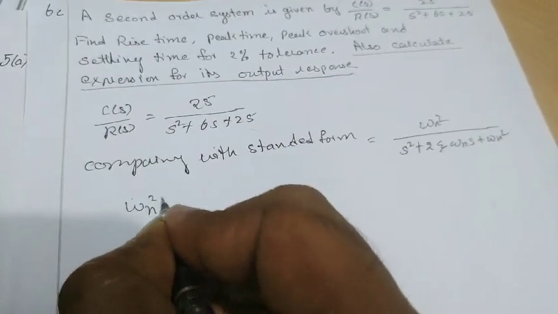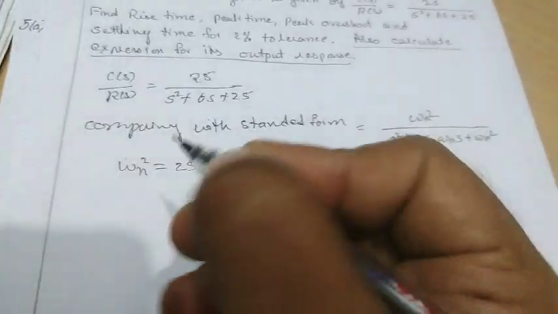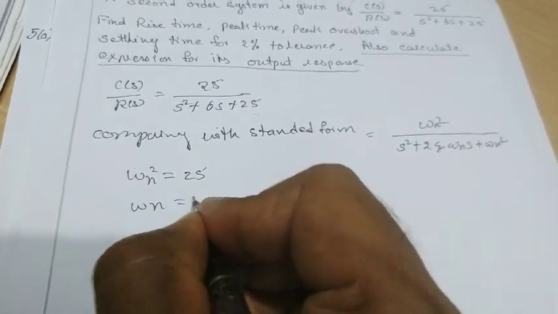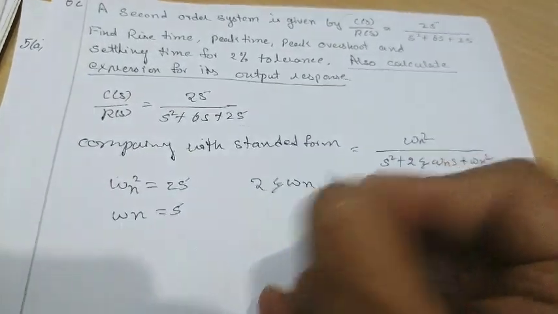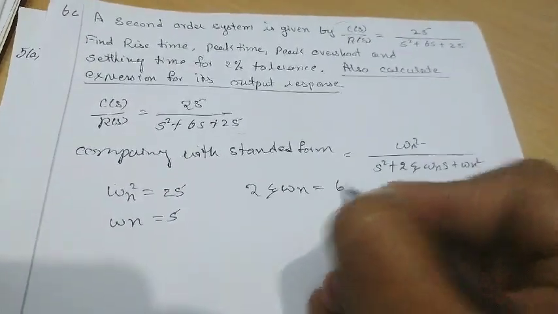We get omega n square as 25. From this omega n equals 5, and 2 zeta omega n will be equal to 6.